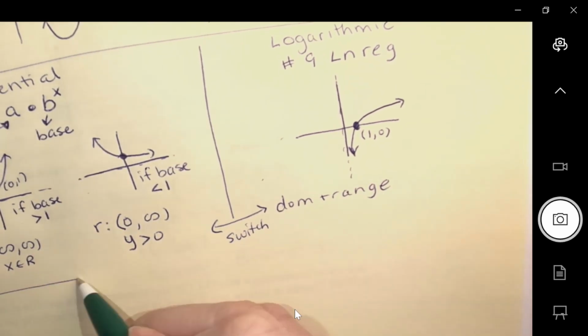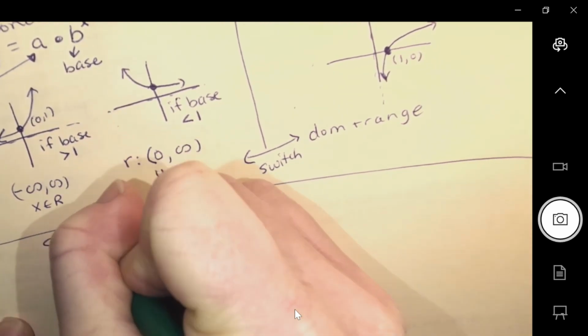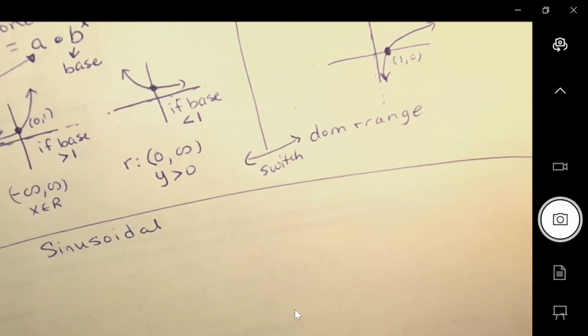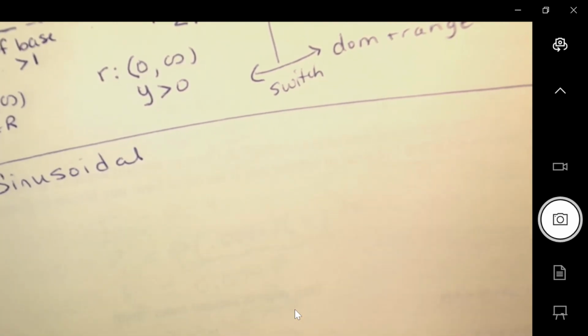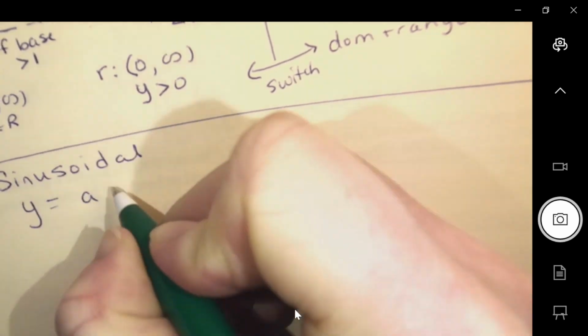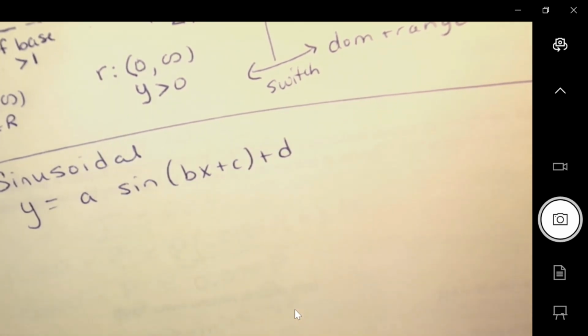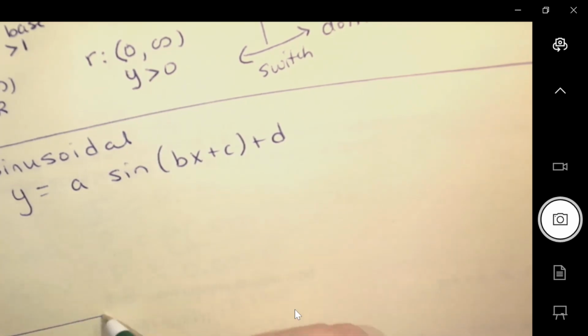Okay, then we learned sinusoidal. Okay, so this is a sinusoidal curve. Let me see here.